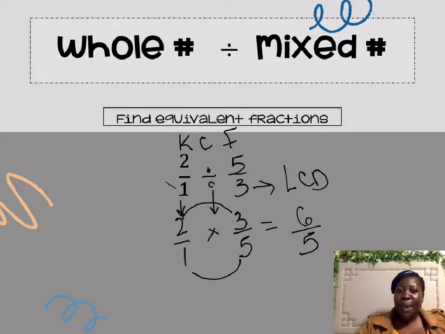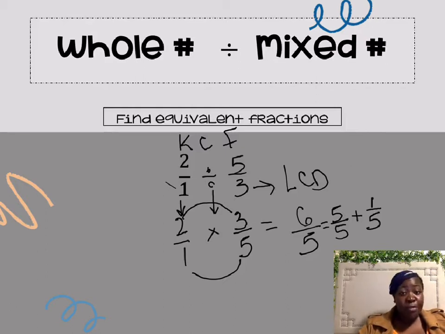Again, if you put a magnifying glass, take a whole, which is 5/5, and can we take another whole out of this? No, because if you take another whole, it's going to be 10/5. But if you take 1/5, you know that will equal 6/5.